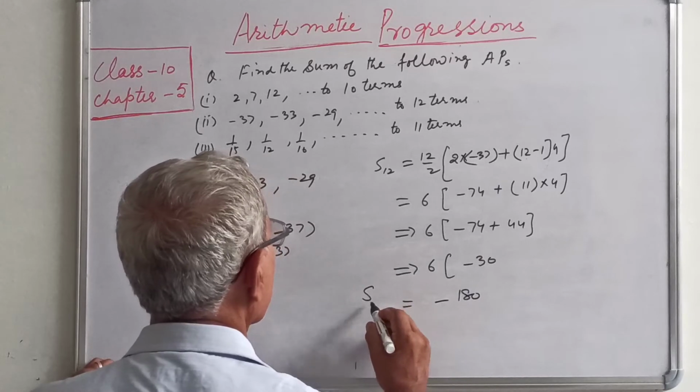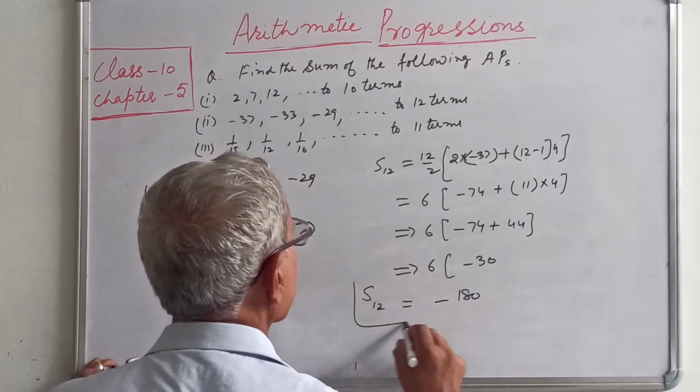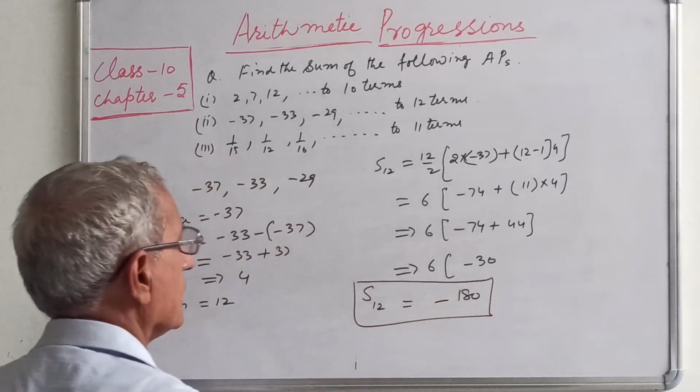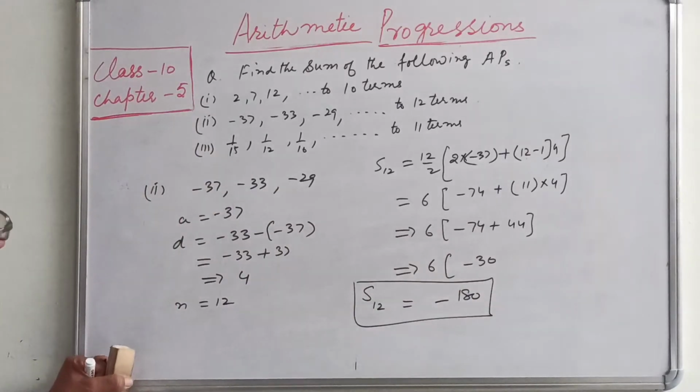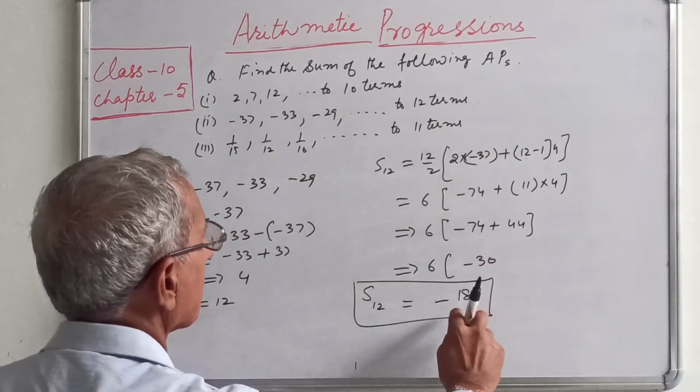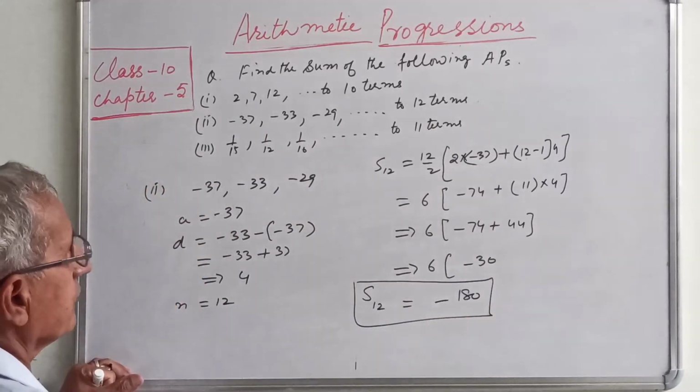So S12 will be minus 180. The sum of the 12 terms for this given AP will be minus 180.